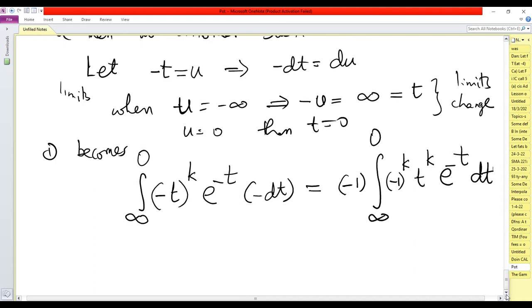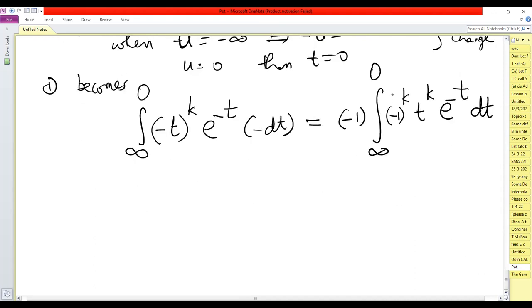Now, remember that from basic integral properties, the integral from a to b of f of x dx, if I introduce a negative sign, then I'm allowed to change the limits.